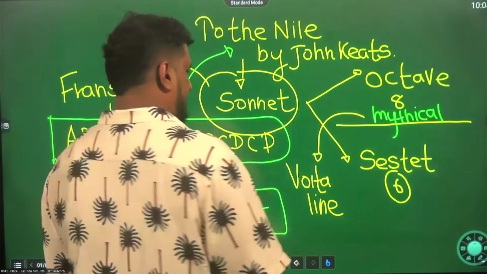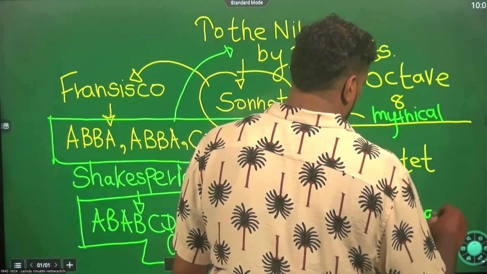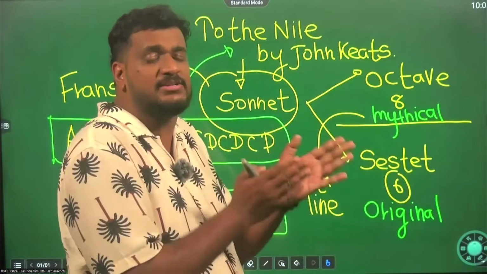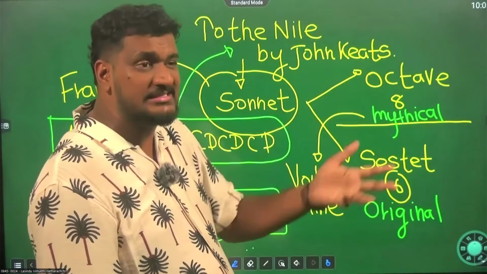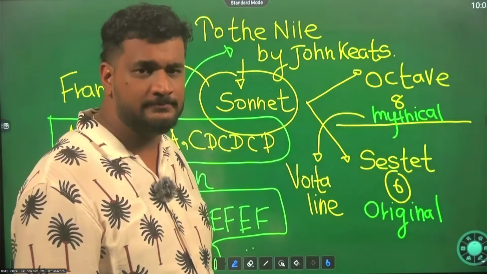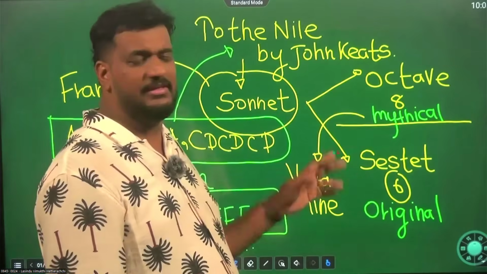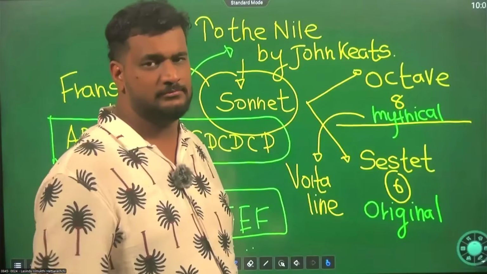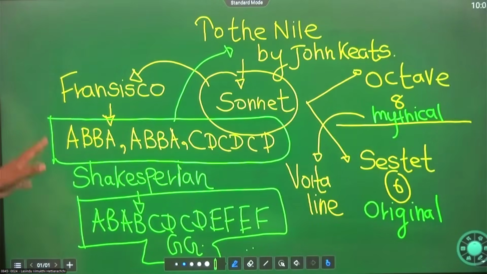But in the sestet part, the original natural aspects of the river Nile are presented. So in this poem, we find two different aspects of the river Nile. In the octave, the mystical, mythical values are highlighted, and in the sestet, the original values related to the river Nile are highlighted. So that's the difference. You can write this down if you need.